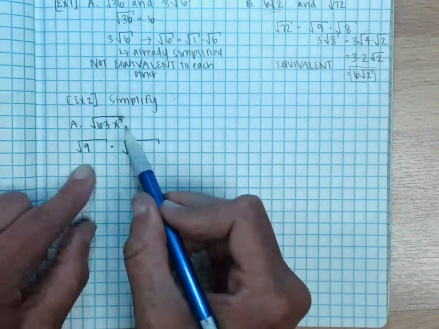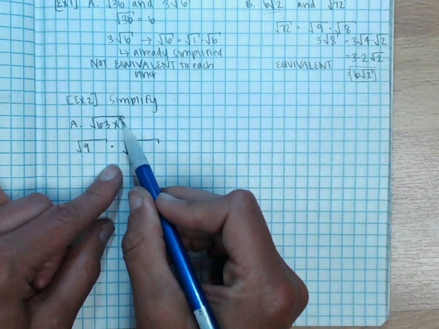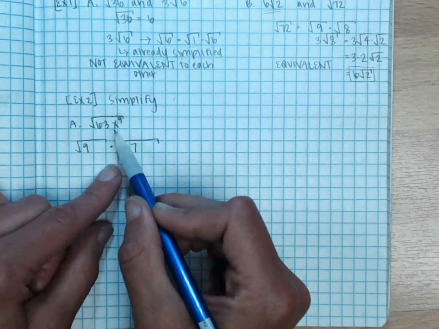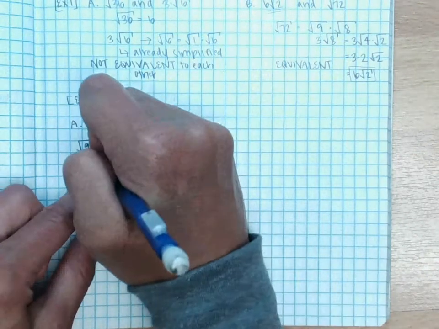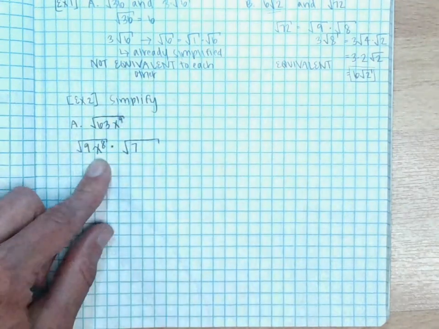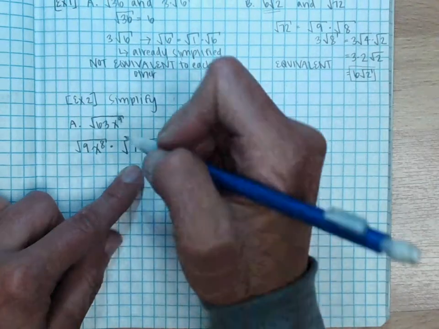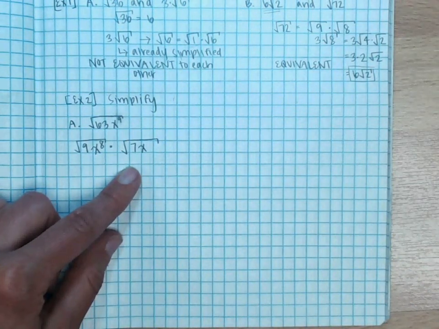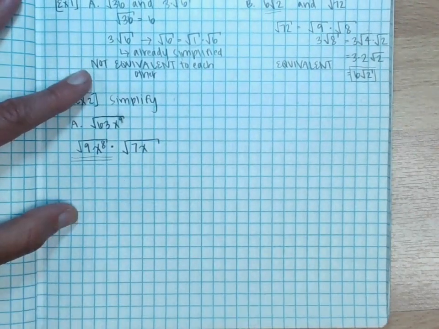Now, if I break down my x to the 9th power, I'm going to take all of the x's that make it even. So I'm going to take 8 of them and put them over here. And the one x that's left over, I'm going to leave over here with the 7. That's not perfect.